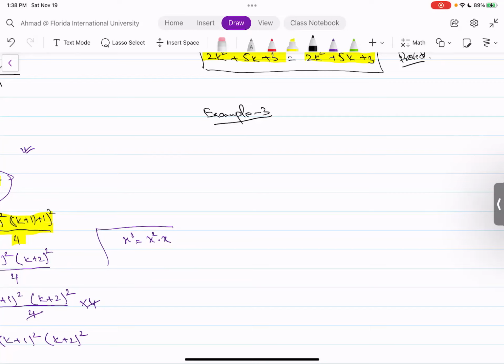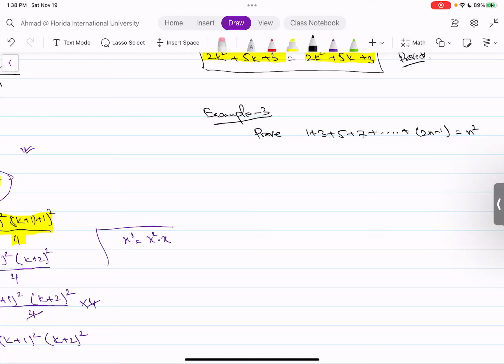Suppose it says prove 1 plus 3 plus 5 plus 7 plus so on plus 2n minus 1 is equal to n square. So it is actually saying that the sum of the first n odd numbers is equal to n square. That's what it means in a simple way.